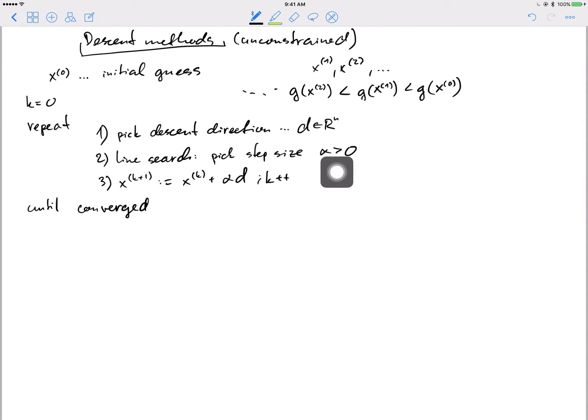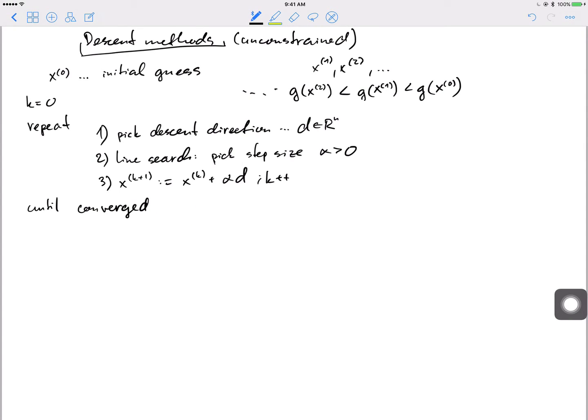It tries to find an alpha such that after you do this step xk plus alpha d, where alpha is a positive scalar and d is the direction, hopefully the objective value at xk plus 1 will be much smaller than the one at xk.